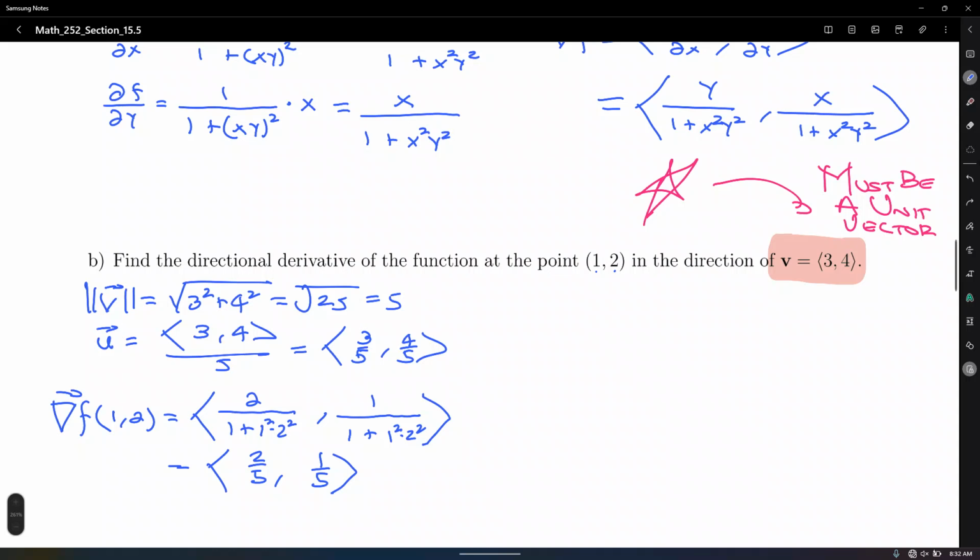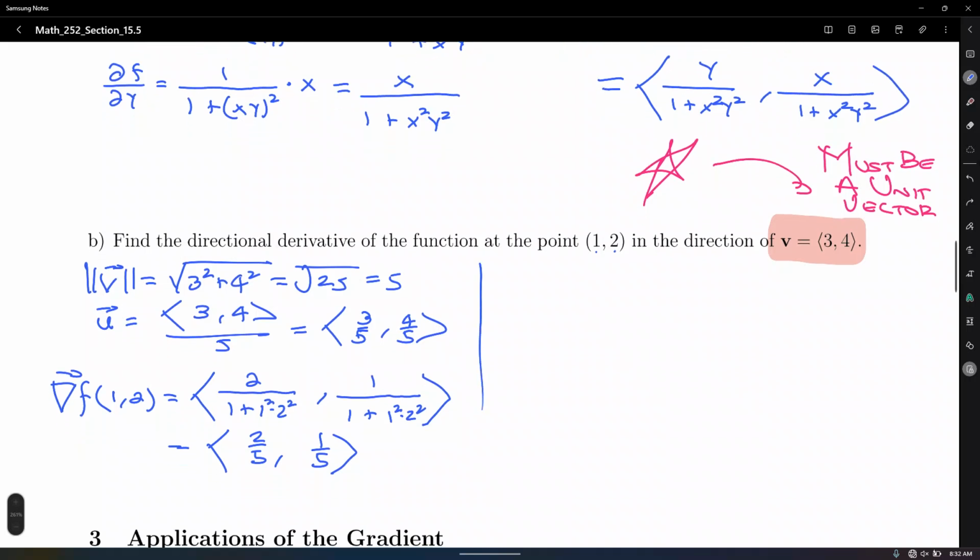So we need to multiply this by steering factors, that is dot product by a vector whose components are the components of a unit vector in the direction of a given vector, and that's going to give us the directional derivative in that direction. All right, let's go ahead and do that.